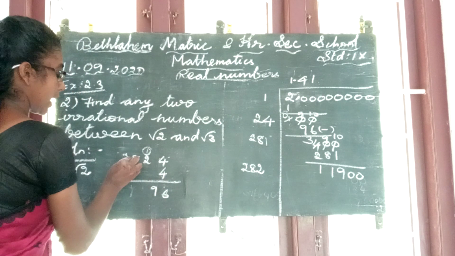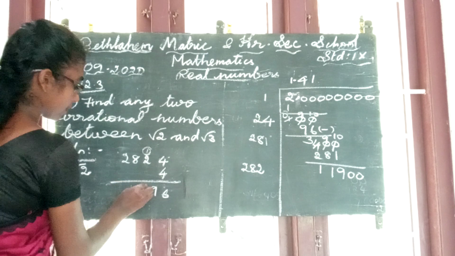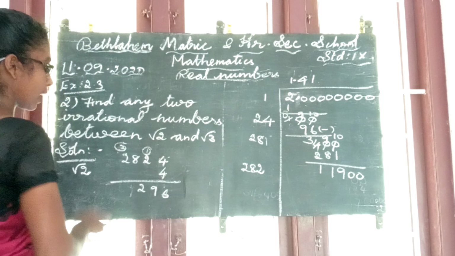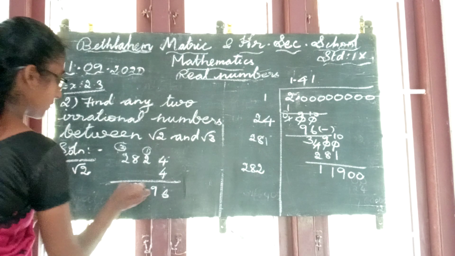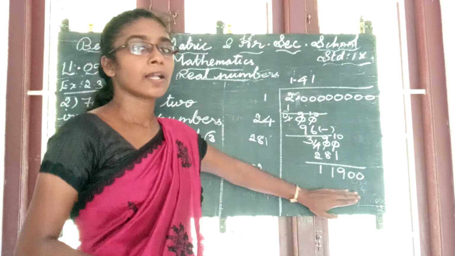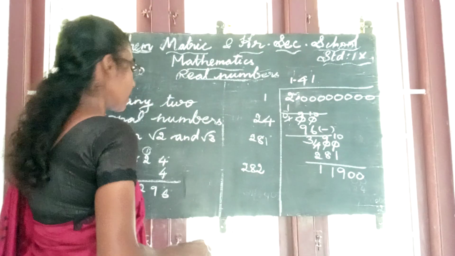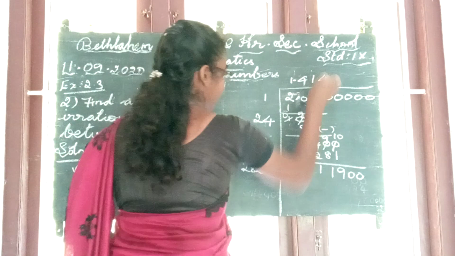Next, 8 4s are 32. 3 balance. 4 2s are 8. 8 after 9, 10, 11. 11,296 is just less than 11,900. So you can write here also 4, here also 4.